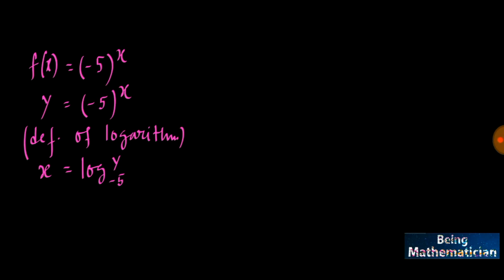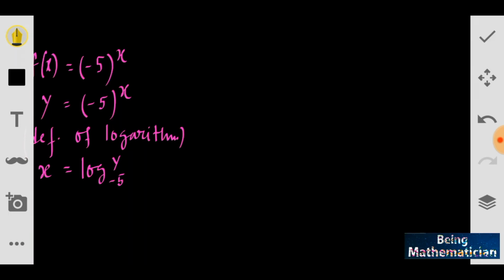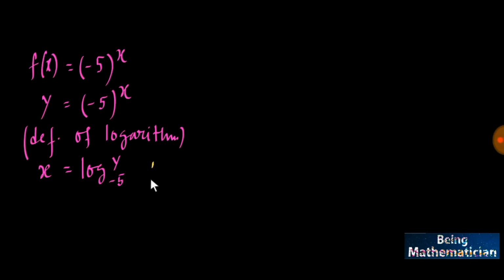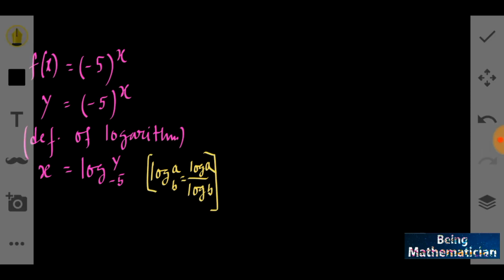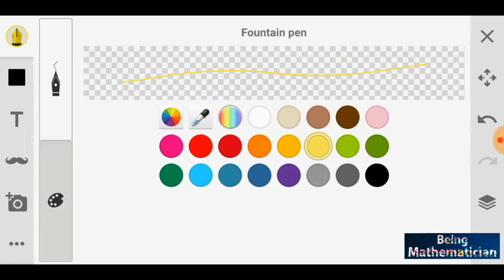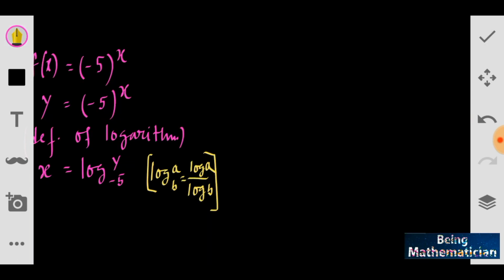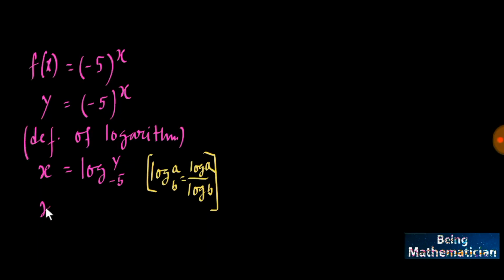Applying the property of log, we know the property that is log a base b equal to log a by log b. Applying this property, we can write x equal to log y by log(-5).